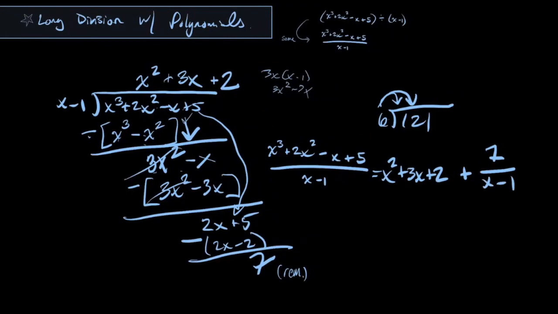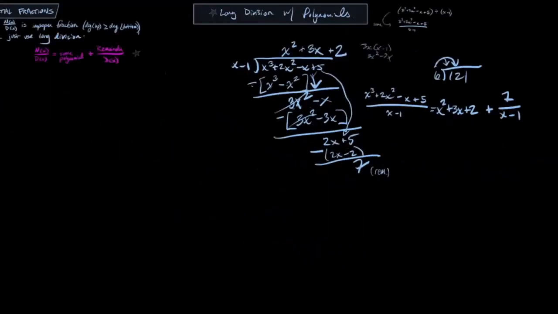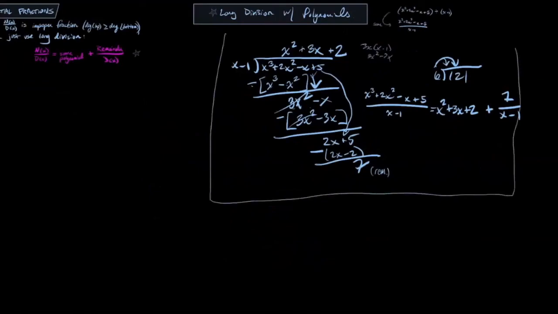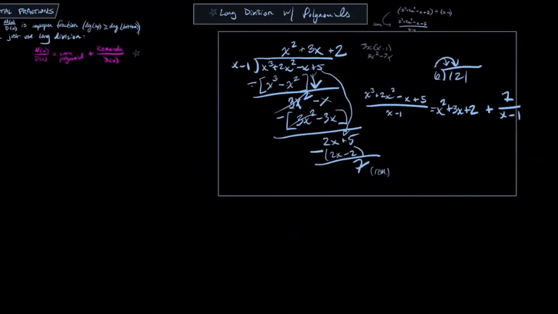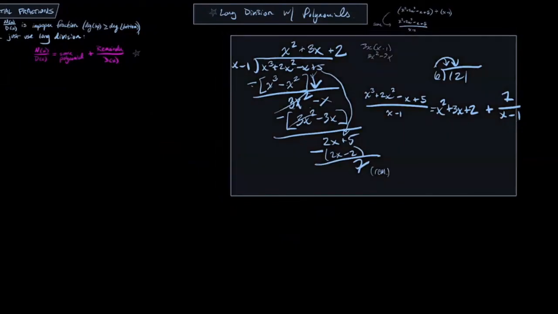All right, so when we have the higher degree on top, that's what we have to do to try to make sure that we can actually go on and integrate after that, which we haven't even gotten to yet.